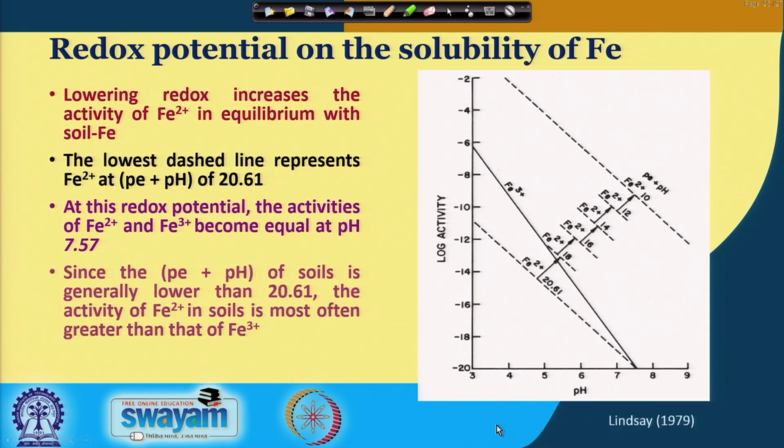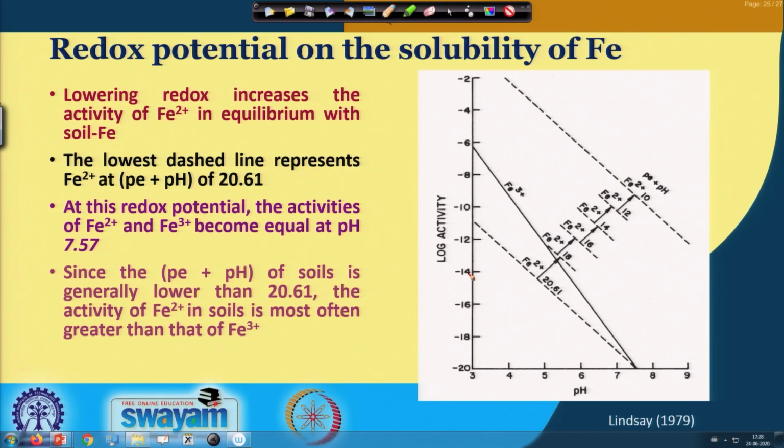So, this is also showing a very good relationship between the pH and the activity of Fe2+ and Fe3+ ions. It is clear that as we decrease the redox potential, there is an increase in the activity of Fe2+ in equilibrium with soil iron.